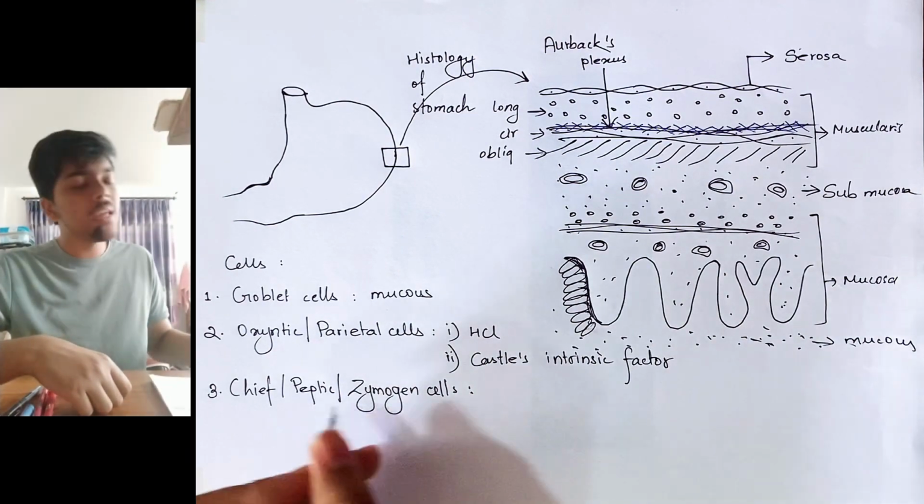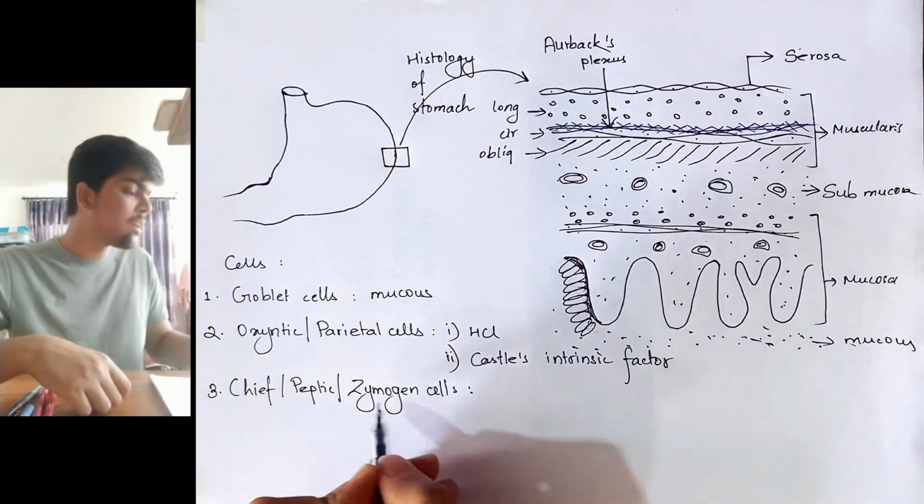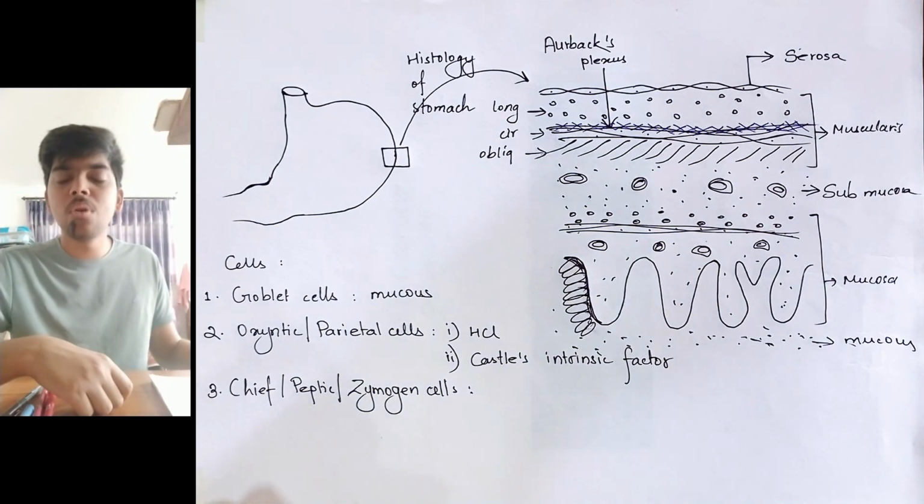These cells are called peptic cells because the proteolytic enzymes secreted by these cells are named pepsinogen. And these cells are called zymogen cells because the proteolytic enzyme, that is pepsinogen, which is secreted by these cells, is inactive. Zymogens are the inactive proteolytic enzymes.